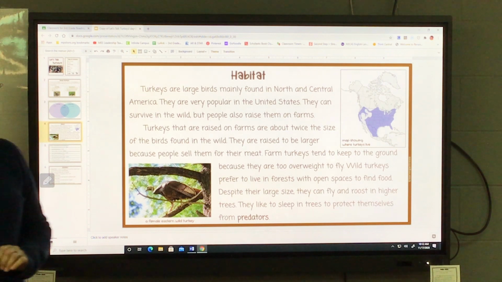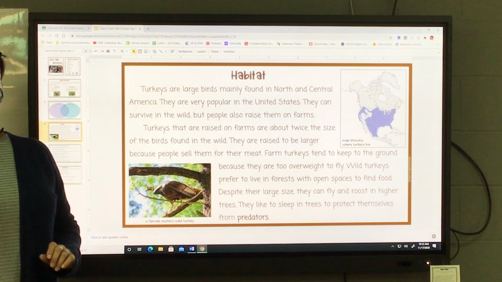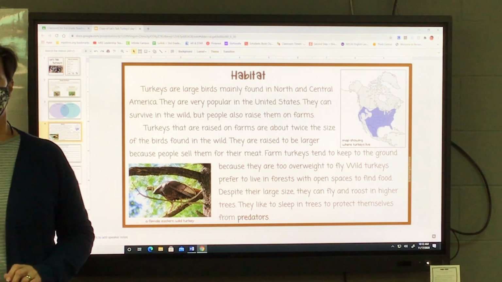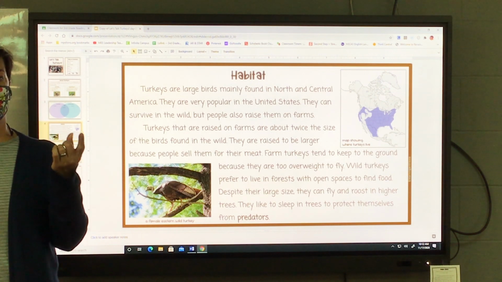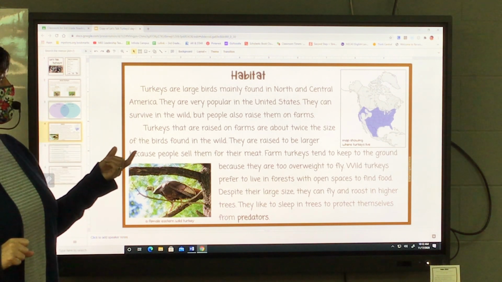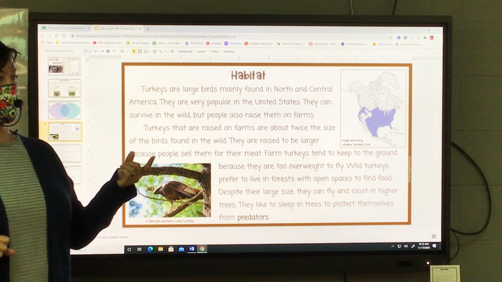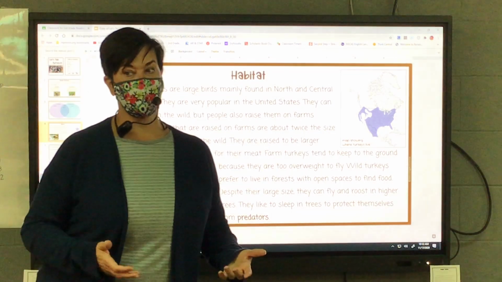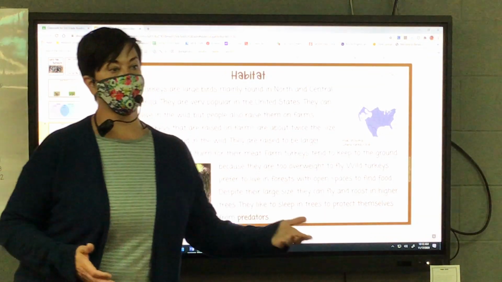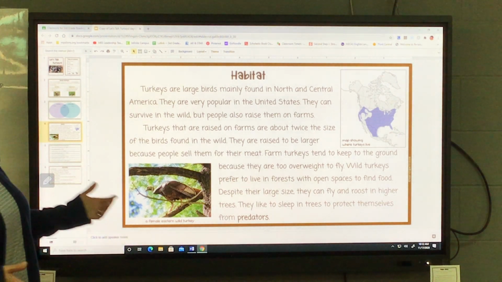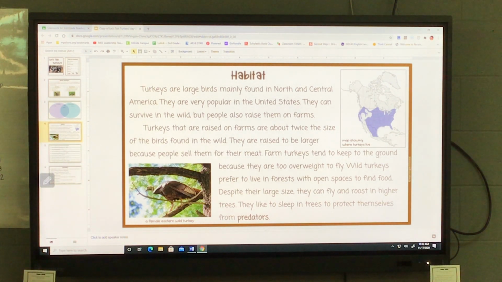It says 2 main places, right? Mm-hmm. What's the first thing that we need to type? Jenny? North America. North and Central what? America. North and Central America.